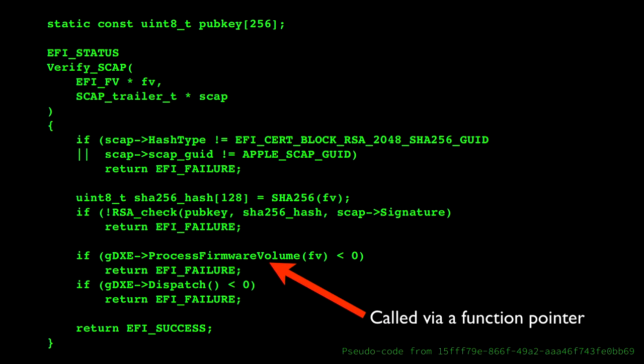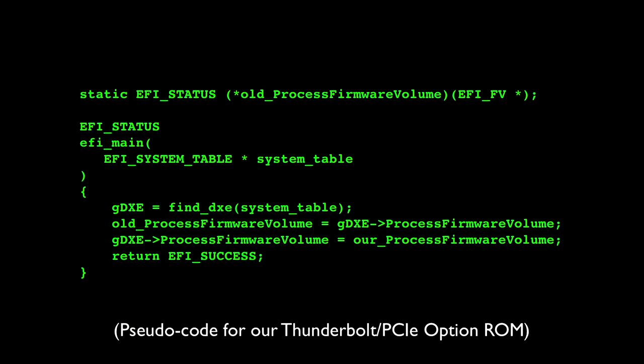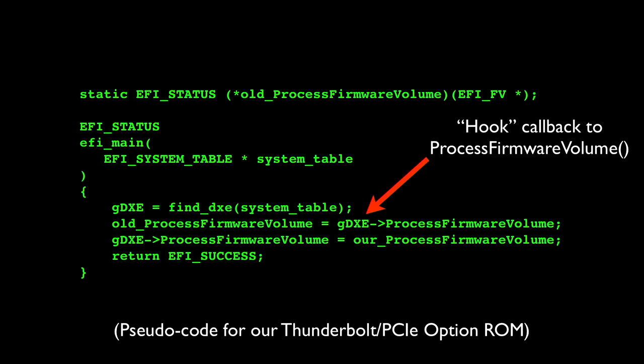So the option ROM could replace that function pointer in a process called hooking. So we can modify the option ROM to now hook the process firmware volume function pointer and replace it with its own. And it also then stores the old one so that it can reuse it later.